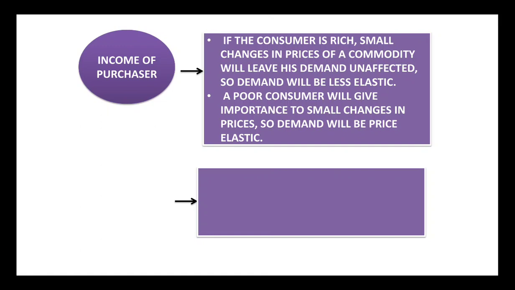The quantity demanded will decrease. So just by an increase of some level of prices, the quantity demanded is fluctuating. That will happen when the income is less. For a rich person, he doesn't bother much whether the prices have increased or decreased, his quantity demanded will not fluctuate much, and so the elasticity will be less.